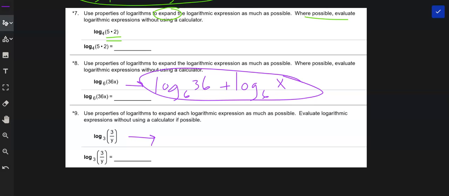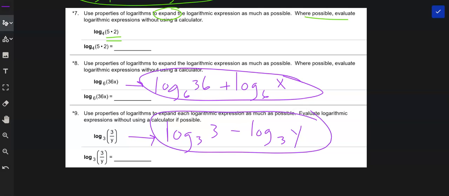Okay, now that's division, right? So we're not going to add, we're going to do log base 3 of 3 minus log base 3 of y. And let's be done with it. We're just splitting it up. There's no exponents that need to be moved anywhere.